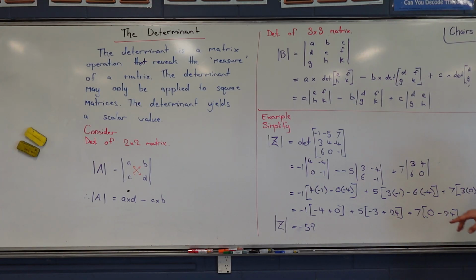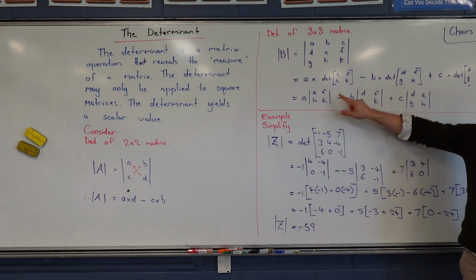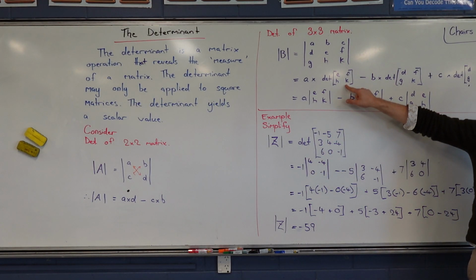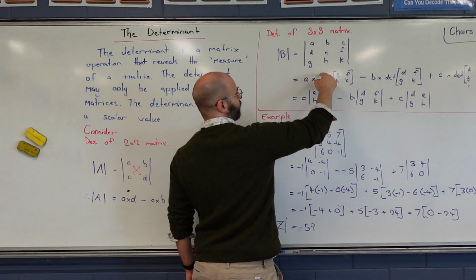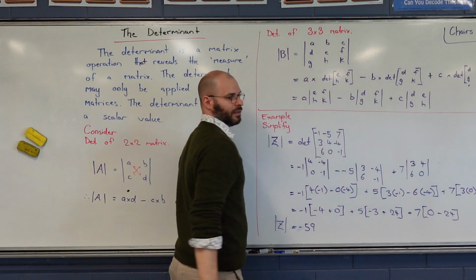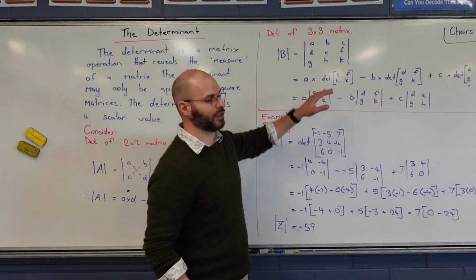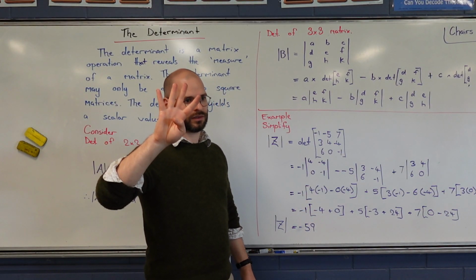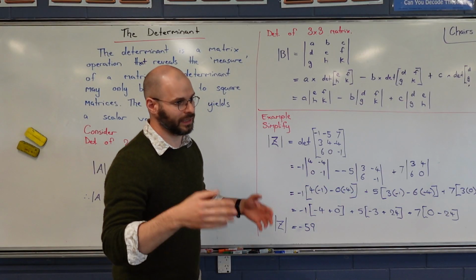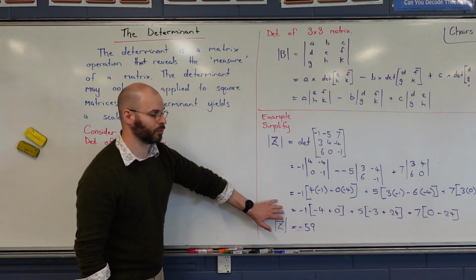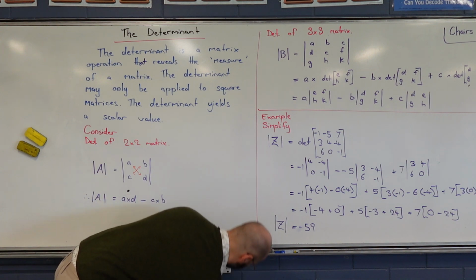Do you see how I wrote it as finding the determinant, so you get the top left and then you go determinant? If it was a 4x4, you get the top one here, and then you get the 3x3 matrix like that. And then rather than just having 3, you'd have 4. So it's what's called a recursive operation. You just keep working your way down until it's a 2x2, where it becomes trivial.